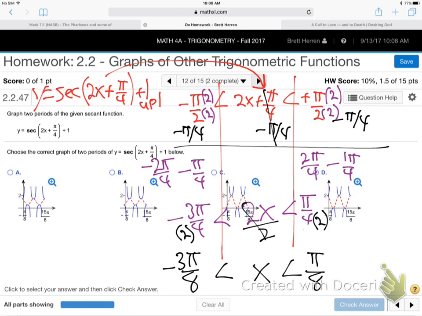Good? So the first 2 verticals are between minus 3 pi over 8 and positive pi over 8. If I draw the graph of secant, I'm going to come over here: a vertical here, and a vertical here.